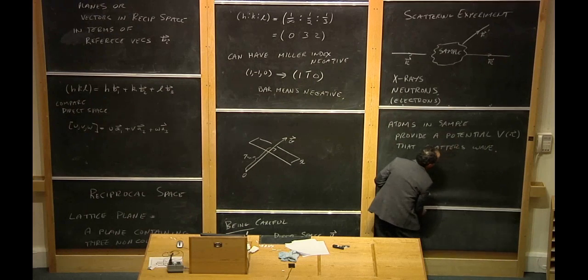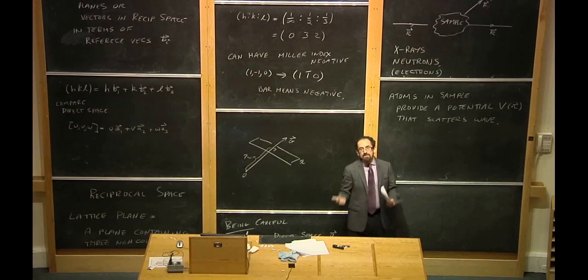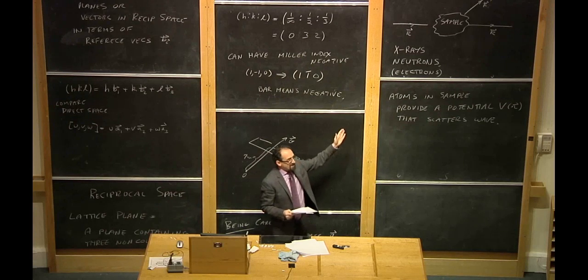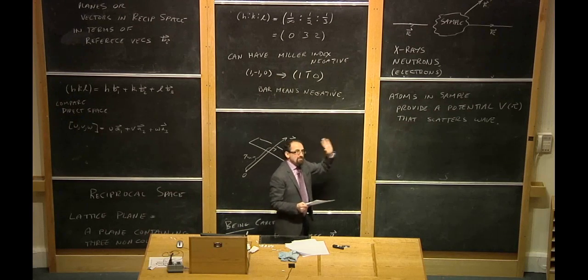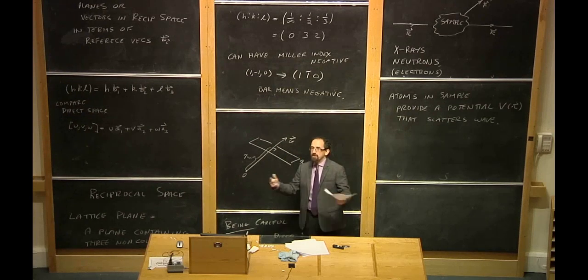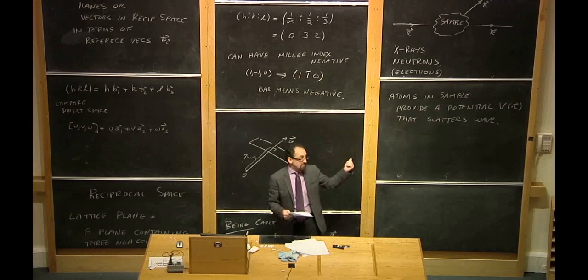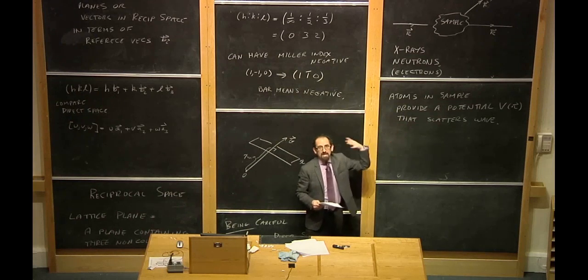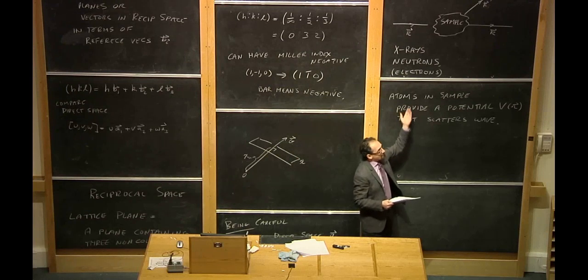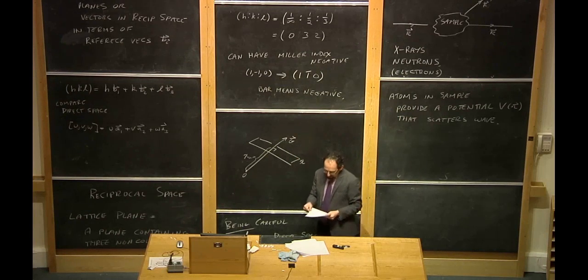And our objective is actually a bit of an inverse problem, where instead of trying to calculate what the potential does to the wave, much more frequently we've measured what the wave has done, and we're trying to deduce the potential. The potential is going to tell us where the atoms are in the material, and we're trying to deduce that from observing what physically came out of our sample.